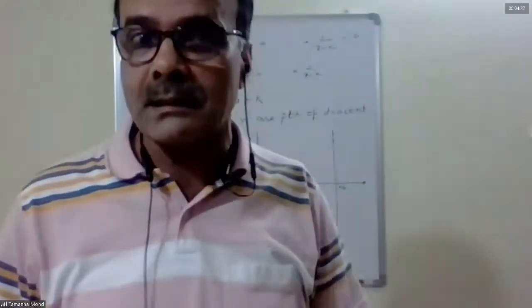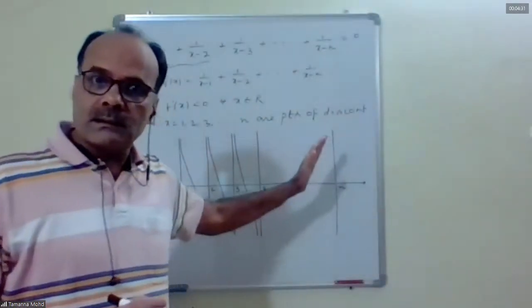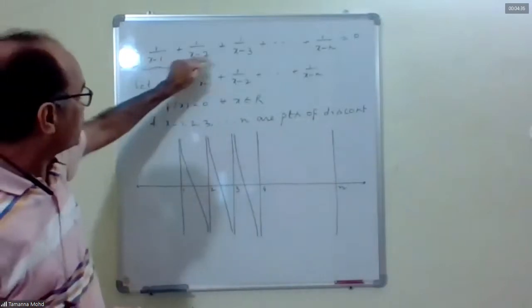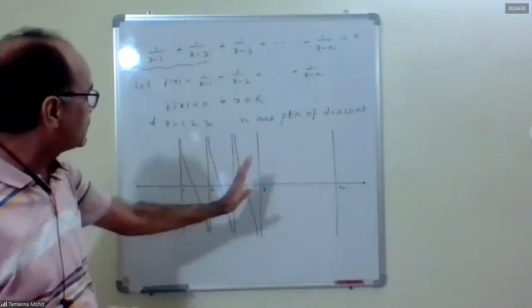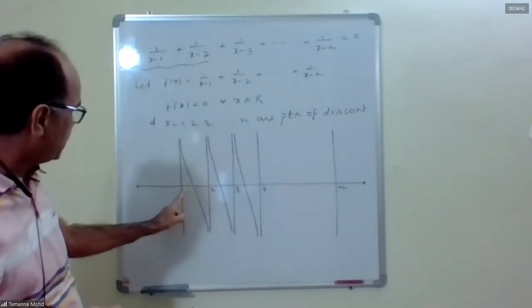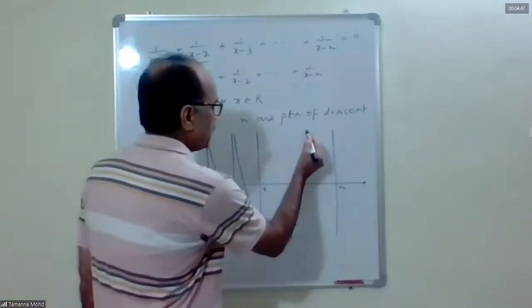This is the exact proof that irrespective of the number of terms, the number of real roots will be in between 1 and 2, 1, in between 2 and 3, 2, so in between n minus 1.